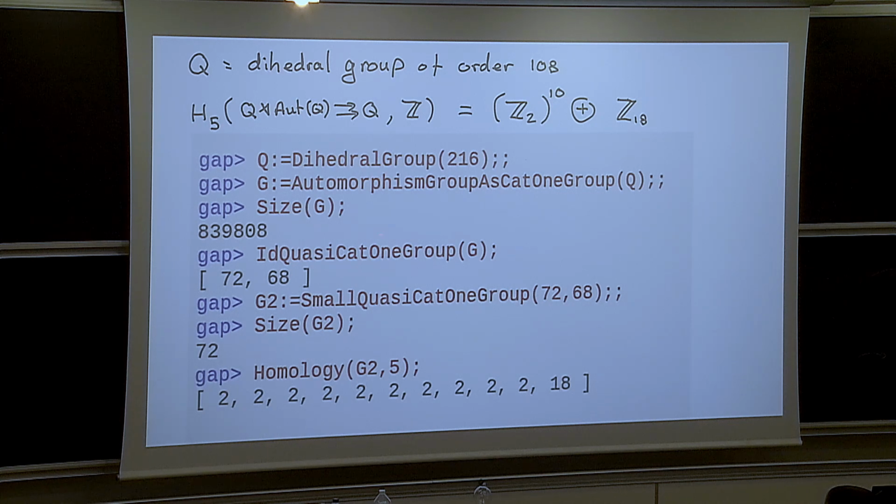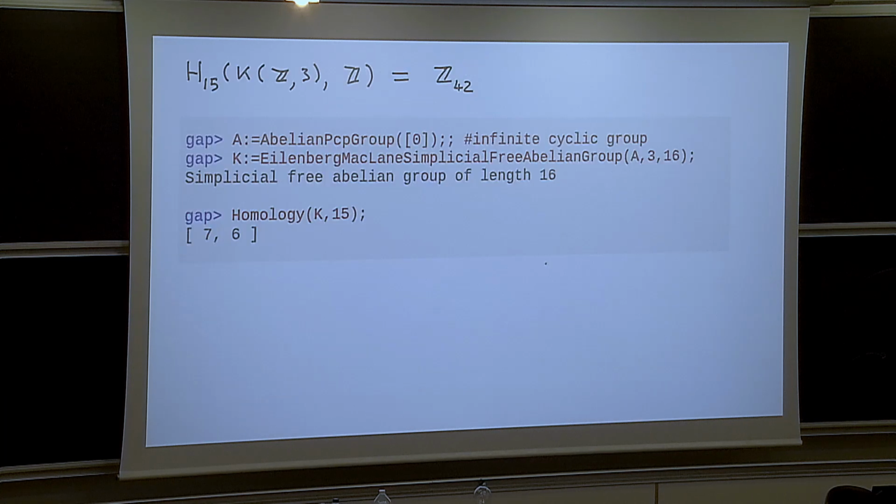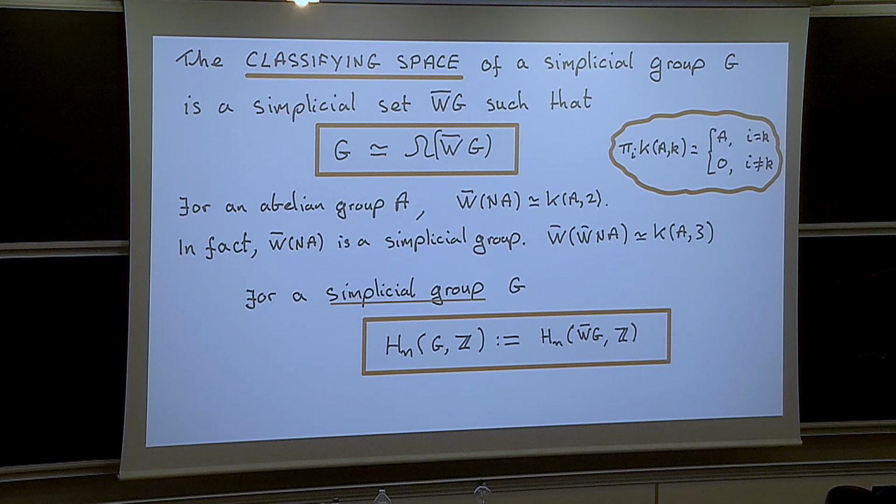The next commands don't make sense. Well, they do. Sorry, the last command makes sense. Let me just go back. What am I talking about? If I have a cat group, so it does make sense, but I've missed something. If I have a cat group, its nerve is a simplicial group.